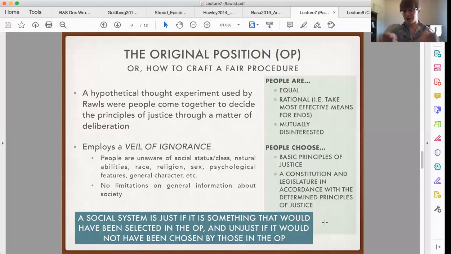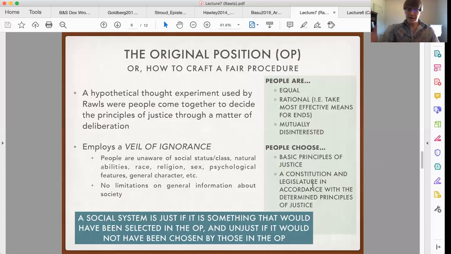All of that knowledge is stripped from us. And then we have to look at general information about the society, what the society is going to look like. And then we come up with the various principles based on our position of ignorance about ourselves and about the people who are closest to us, right?